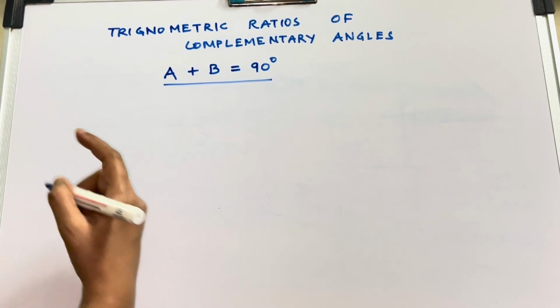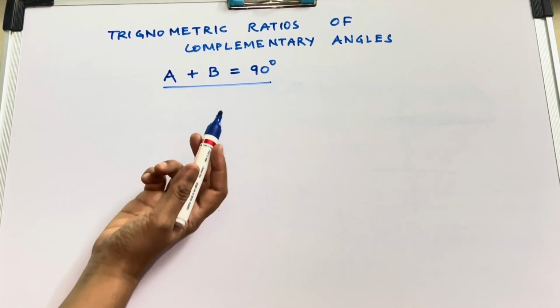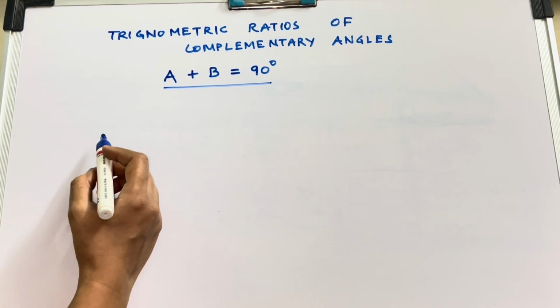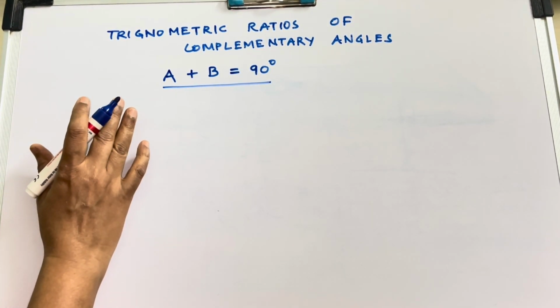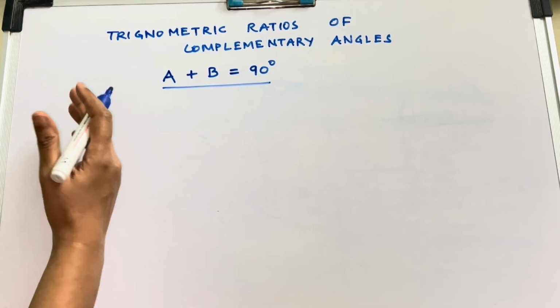Now we will study the trigonometric ratios of complementary angles. This is also a very easy topic. There are six trigonometric ratios. Let us enlist them.